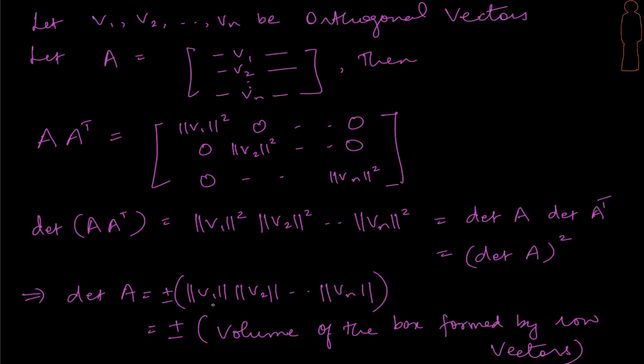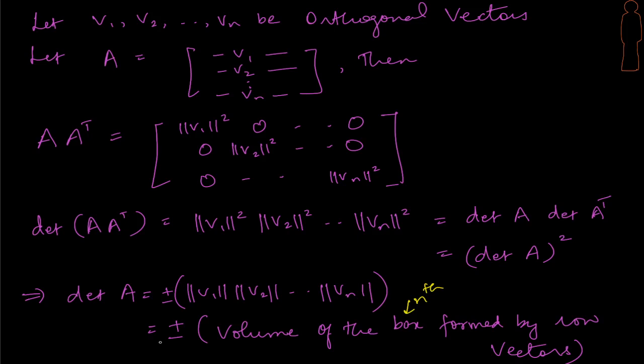What does that tell us? The product of the magnitudes of every single row vector is nothing but the volume of that diagram that is formed, right? I don't want to say box, or I don't know how to call it in the nth dimension. Should I say the nth dimension parallelepiped that is formed by the row vectors of A? Of course, we still see there is a plus or minus, and what does that signify? In fact, the plus and minus signify whether it's a right-handed coordinate system or a left-handed coordinate system. But discussing that will be out of the purview of linear algebra.